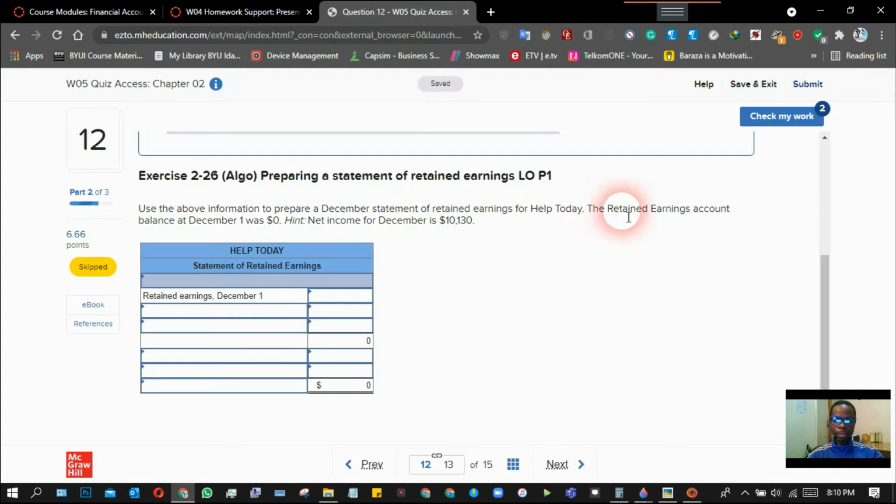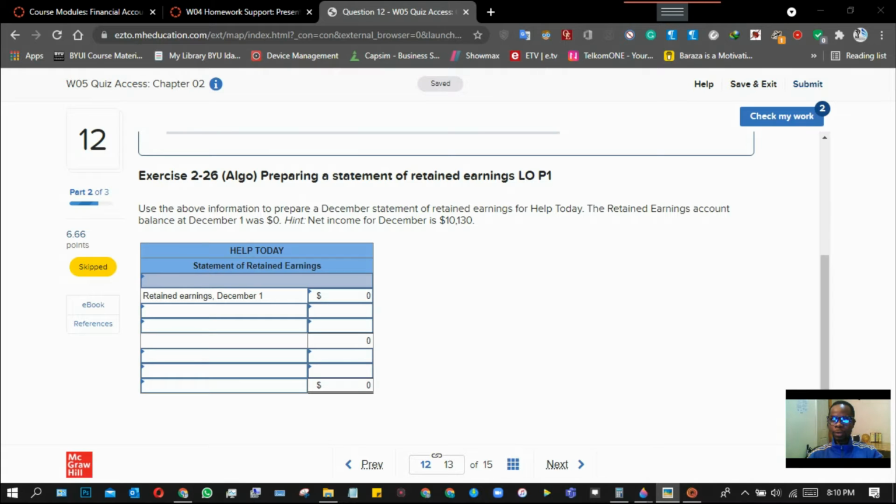For Help Today, the retained earnings balance at December 1 was 0. So always check the retained earnings for the previous period at the beginning, so that you can use it in the statement of retained earnings. Here we've been told it is 0, so we input 0 there.